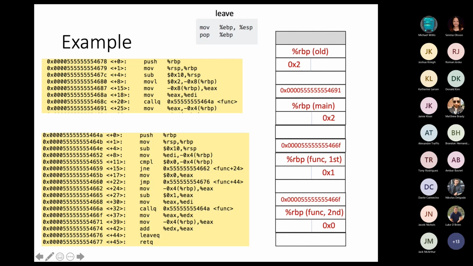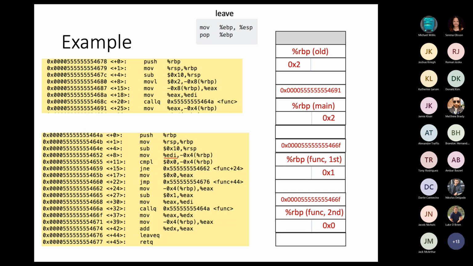In the original example, you can see here when we move EDI to the RBP minus 4, right? The question turns out to be, what's the value for EDI?